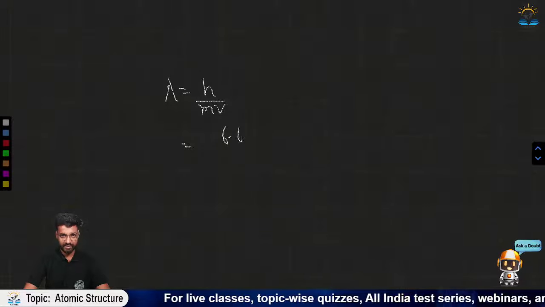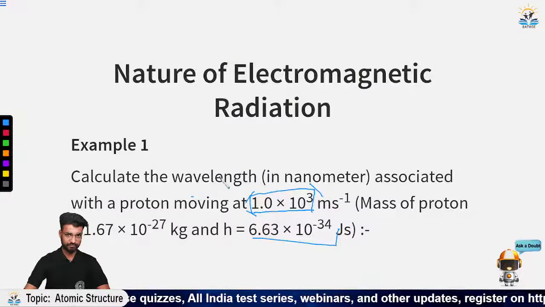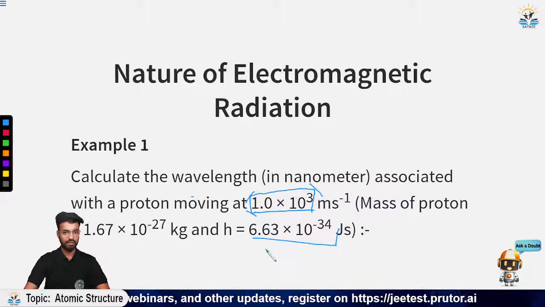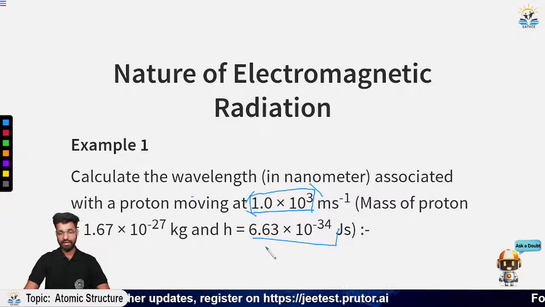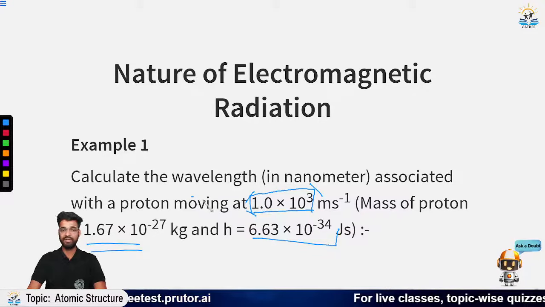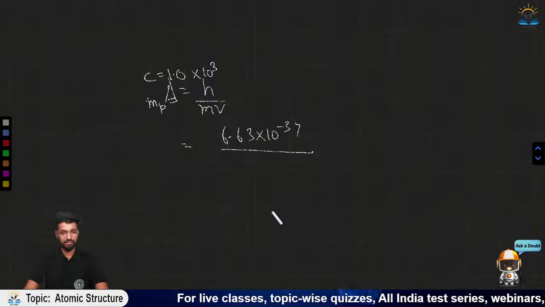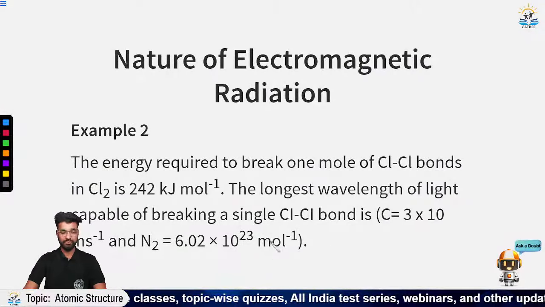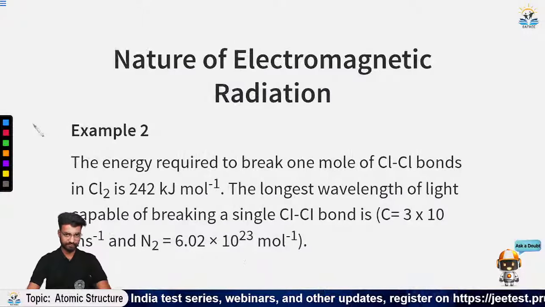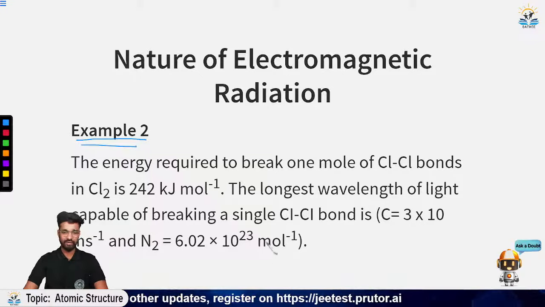So we can write 6.63 times 10 to the power minus 34, and again put the mass value here, and then we can calculate the wavelength associated with it. You will get the answer in meters. Then convert that meter into nanometer, and you will get your answer. The next example we have already done.